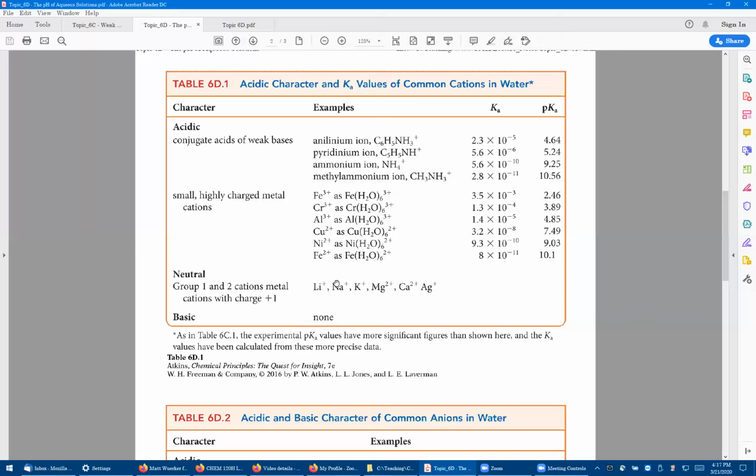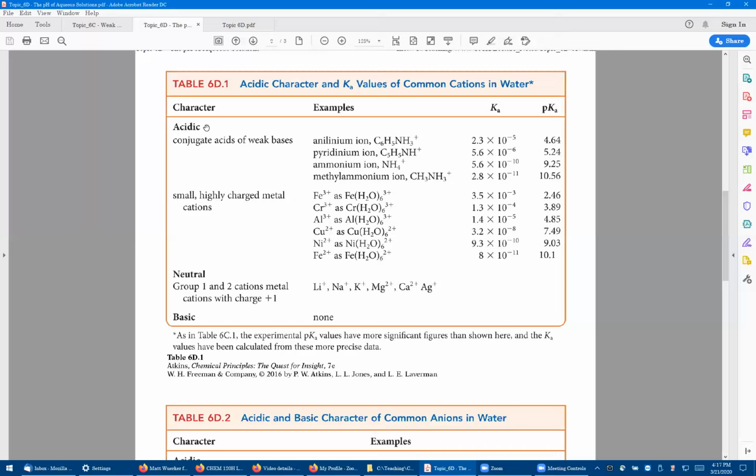As the conjugate acids of very strong bases, they are very, very weak acids. And in fact, they do not even behave as an acid. In other words, they will not donate a proton. They have no protons to donate, of course, but they have essentially no acidic properties at all. And so for that reason, they're called neutral. They don't affect the pH, the concentration of either hydronium ions or hydroxide ions in solution.